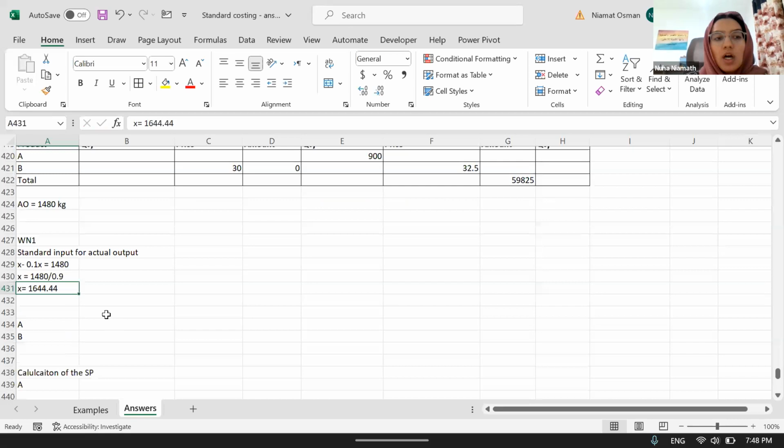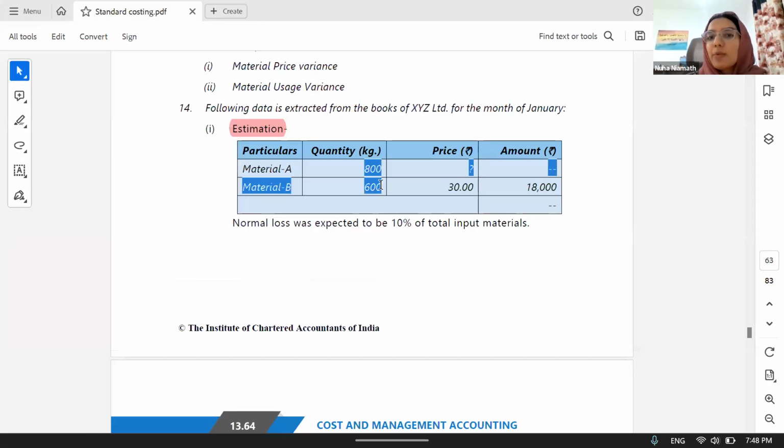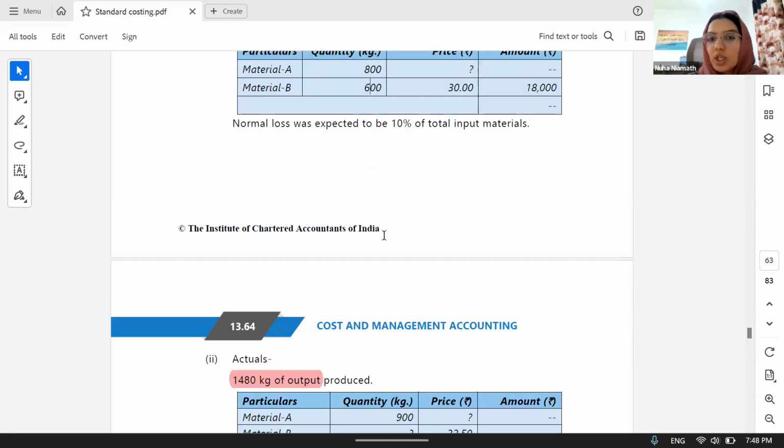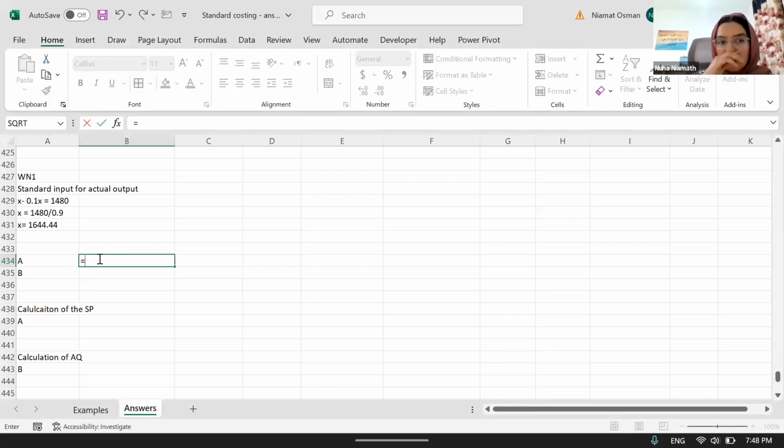Okay. So now what we know is that this is the standard proportion. 800 by 800 plus 600 and 600 by 800 plus 600. So we will divide it in that proportion. What does that give us? 1644.44 into 800 divided by, what is 800 plus 600? 1400.